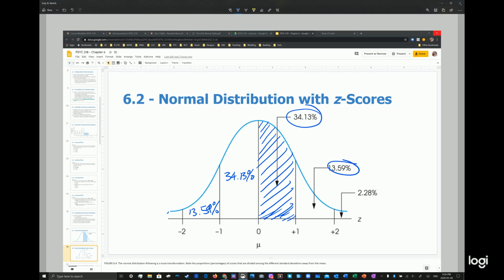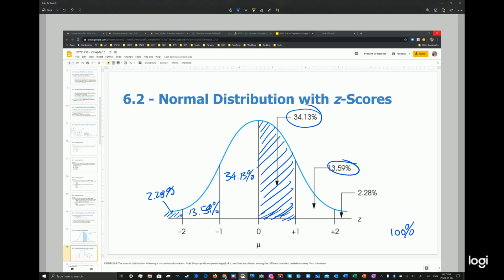And then this extreme part here would have the same proportion, 2.28%. And when you add all these together, it would equal or approach 100%.